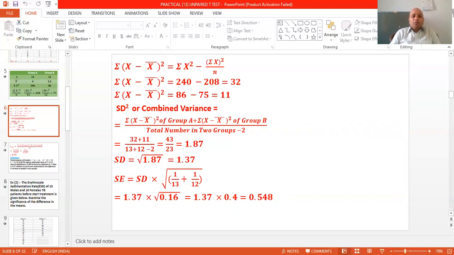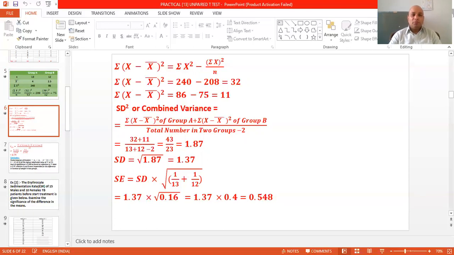Then the square of combined variance is equal to summation of x minus x bar square of group A plus summation x minus x bar square of group B, upon total number in two groups minus 2.